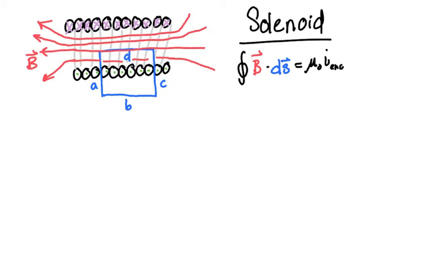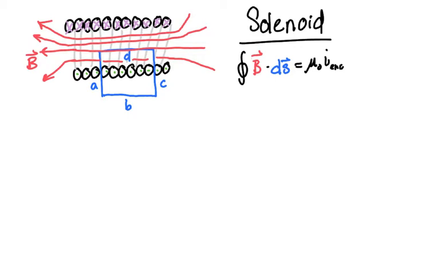Now if you remember from Gauss's law, we had a problem where we were looking at the enclosed charge inside of a cube, and we were looking at how the electric field interacted with our differential area vectors. Instead of area vectors, we have our differential path length vectors.